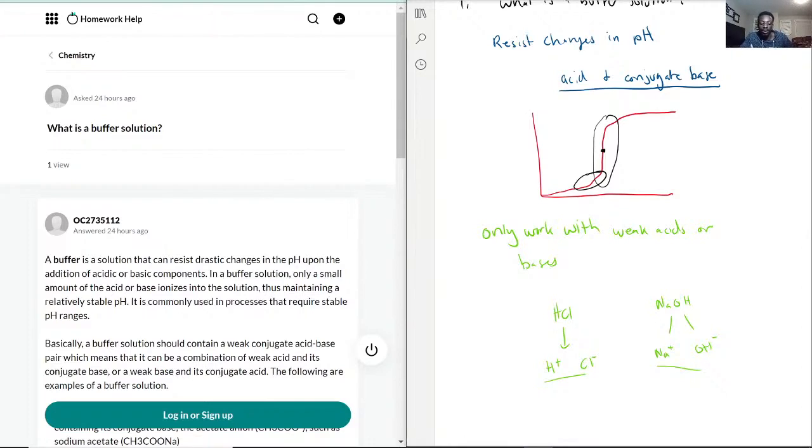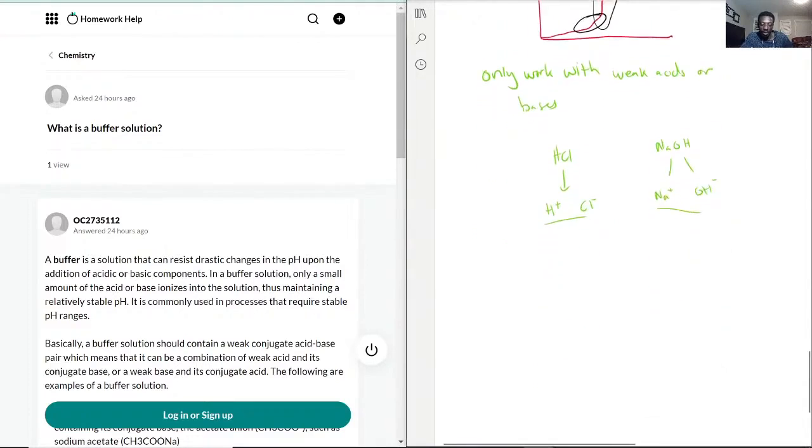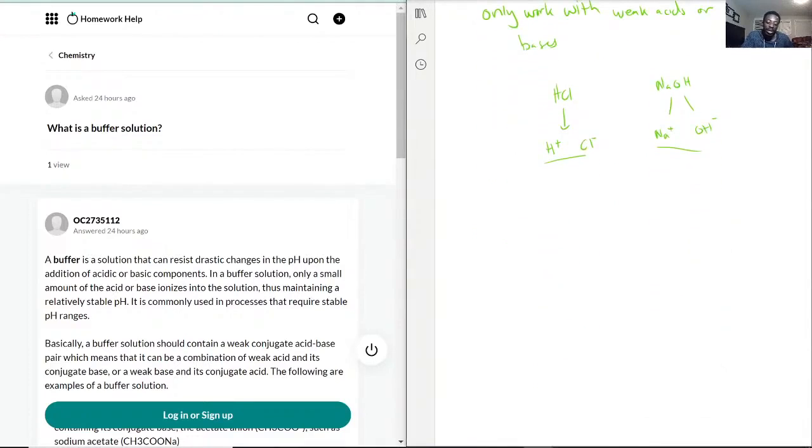But if we had something like CH3COOH, also known as acetic acid, this would not dissociate thoroughly, because it's a weak acid, so it does not completely dissociate, but there will be CH3COO minus and H plus.